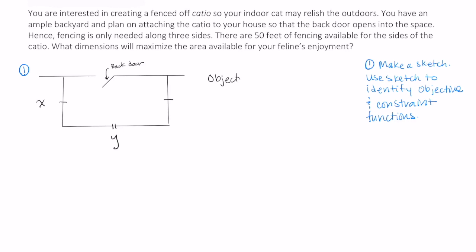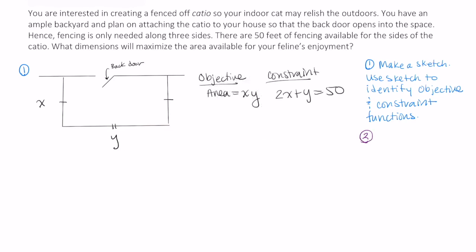So our objective function is area equals x times y, since that would be the area of a rectangle. Our constraint function, however, is given by the fact that we're constrained to just 50 feet of fencing. So that means the perimeter, which is given by 2x plus y, is equal to 50.